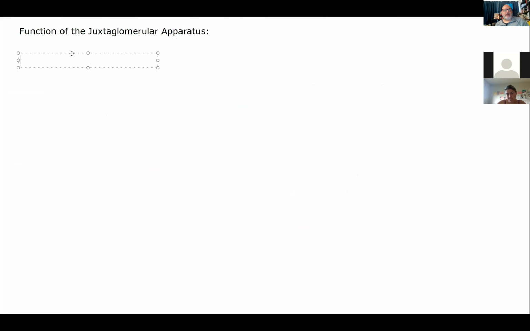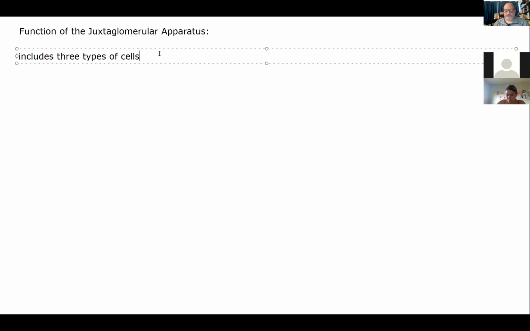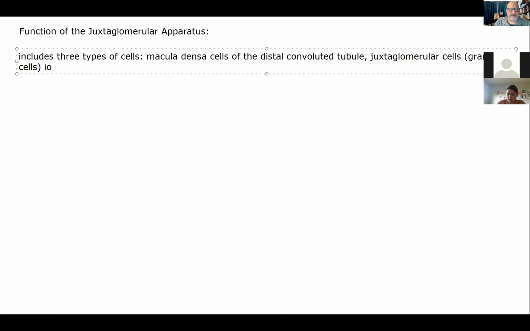Remember, this includes three types of cells. The first of those three types of cells are the macula densa cells of the distal convoluted tubule. The granular cells are juxtaglomerular cells of the afferent arteriole.